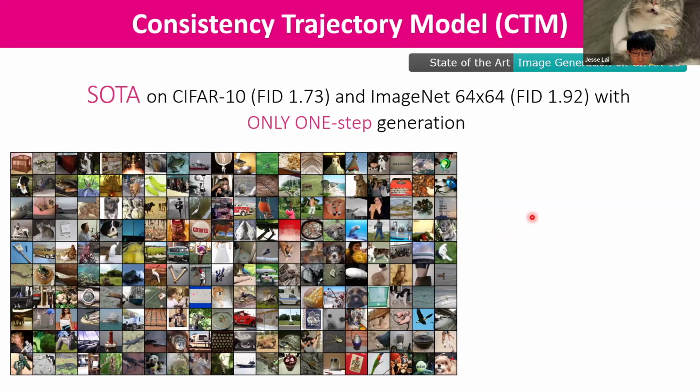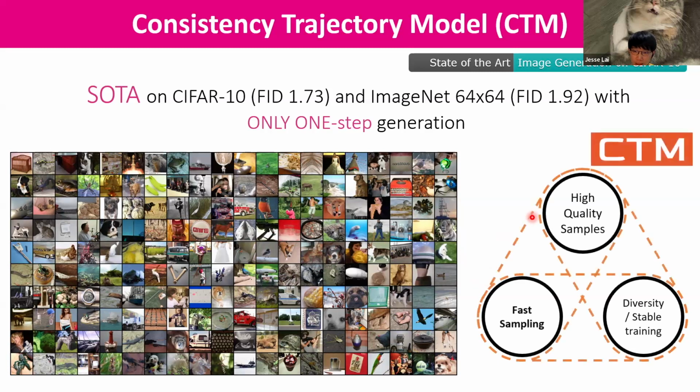And more benefits of CTM that I'm going to talk about later: CTM can not only generate high sample quality with fast speed, one step, but it can also enjoy diverse generation plus stable training. I'm going to explain all of this later in detail. All right. So somehow you can trust that CTM is a good model if you are tracking these kinds of features.